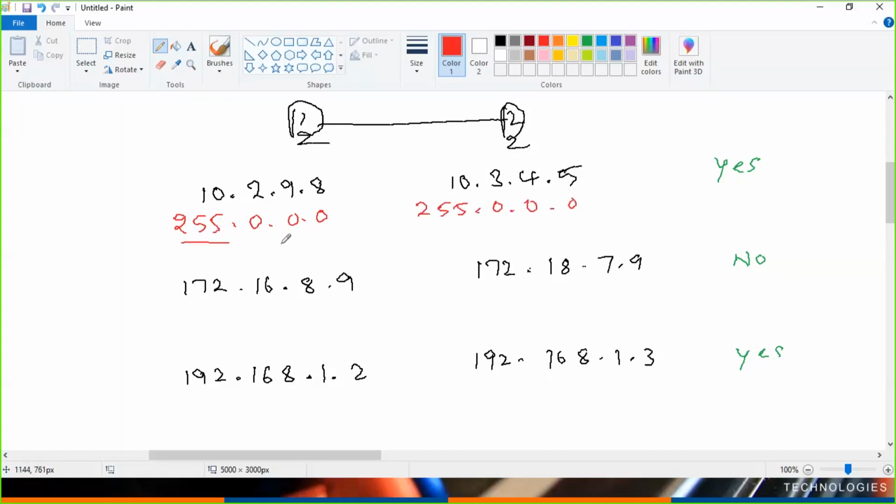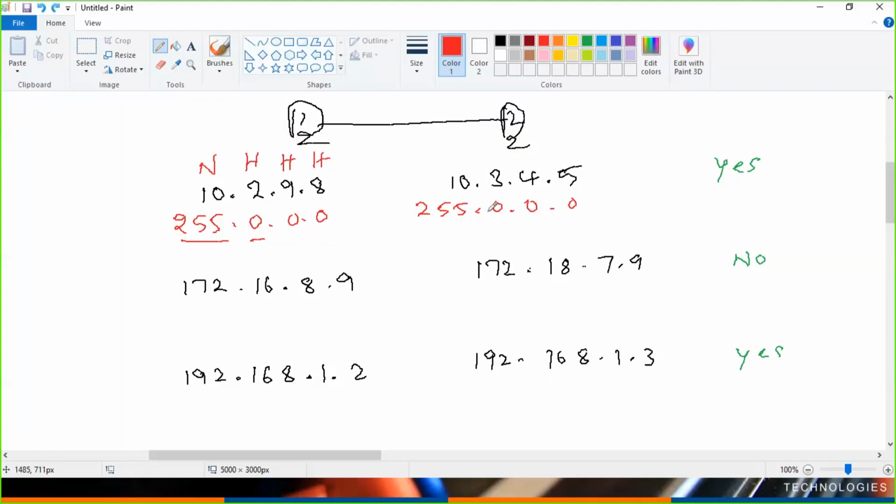Now by seeing the subnet mask, the device understands which octet is a network portion and which octet is a host portion. So 255 indicates what? Network. Now your PC understands by seeing 255 that the first octet is a network portion. Second octet is host. 0. Third octet is host portion. Fourth octet is host portion, because you have assigned 0, 0, 0.